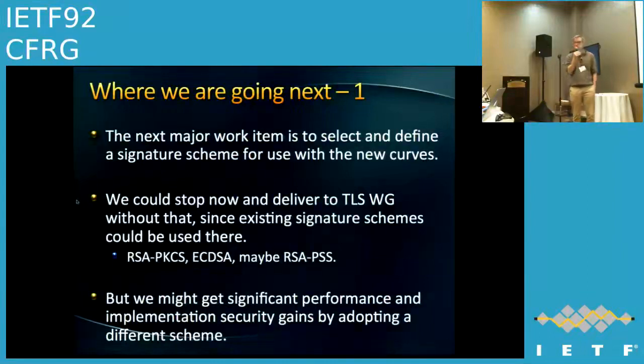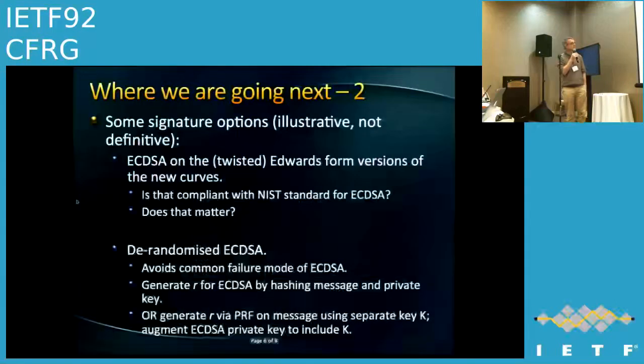You can use RSA-PKCS if you don't care about security, you can use RSA-PSS if you do, and you can even use ECDSA. However, the feeling here is that we can get significant performance and security gains, particularly implementation security gains, potentially by adopting a different signature scheme. So we want to put some time into arguing with each other about what is the right signature scheme to recommend to TLS.